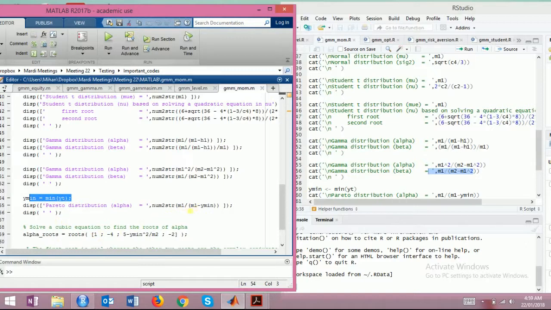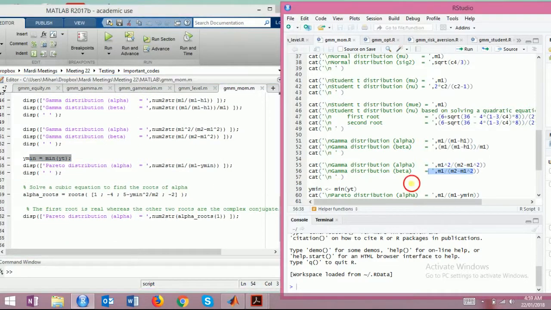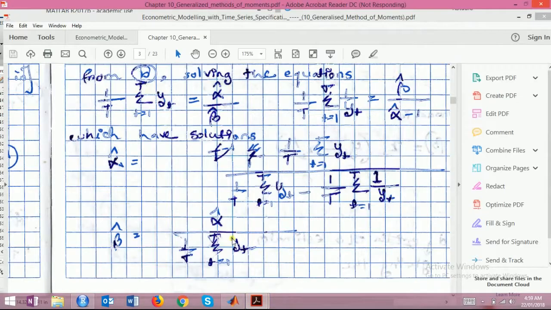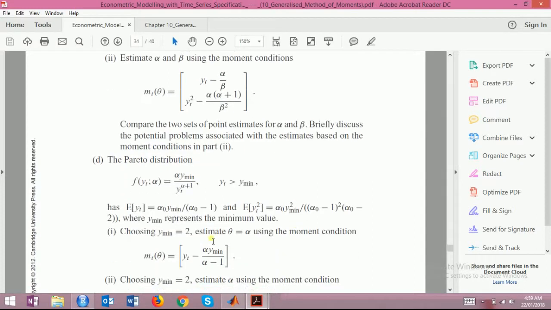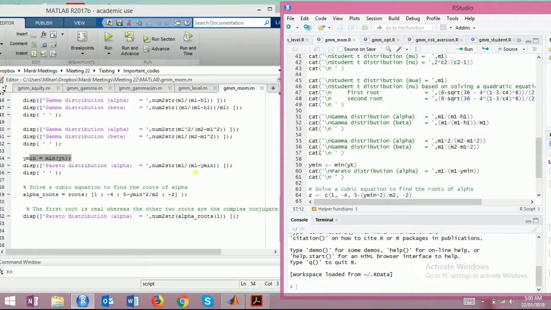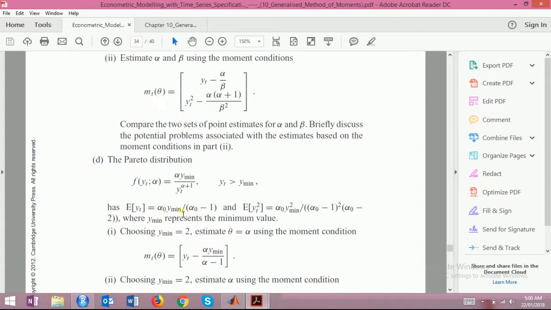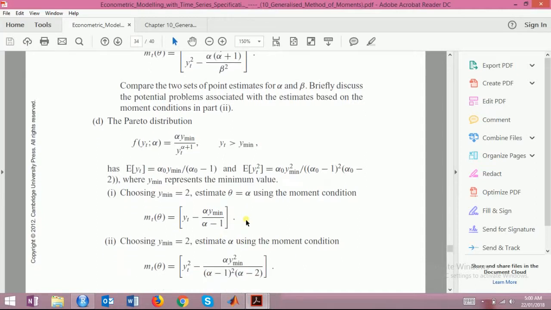The Pareto distribution is m1 minus y mean. This is just from the Pareto distribution, because in the Pareto distribution we had alpha times the minimum of y divided by yt to the alpha plus 1, or alpha divided by alpha minus 1. So alpha is m1 divided by m1 minus y mean, or minimum of y.